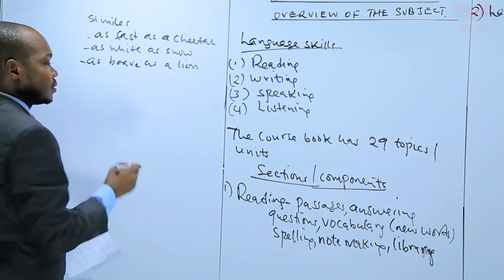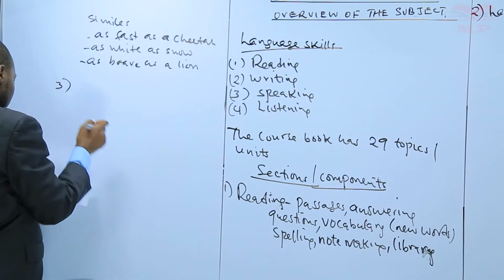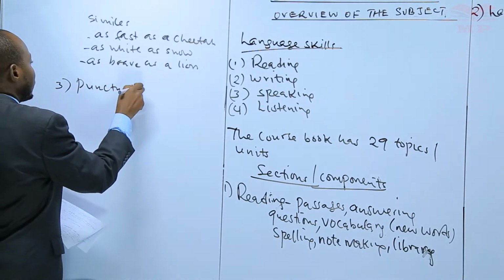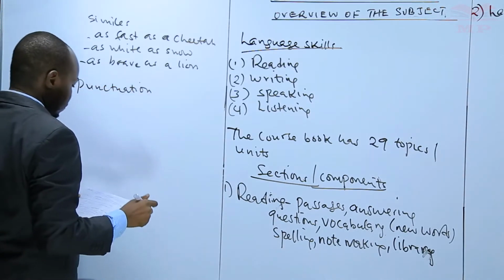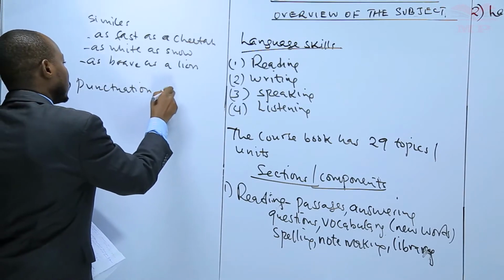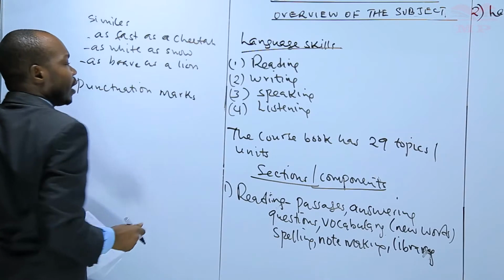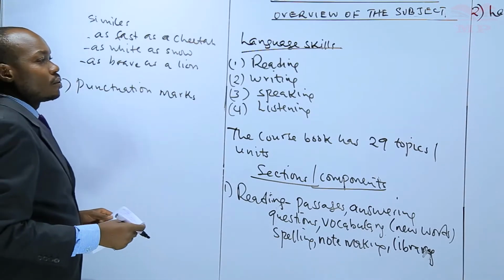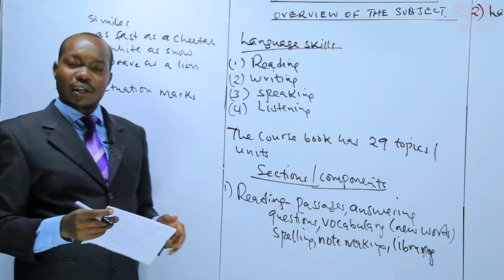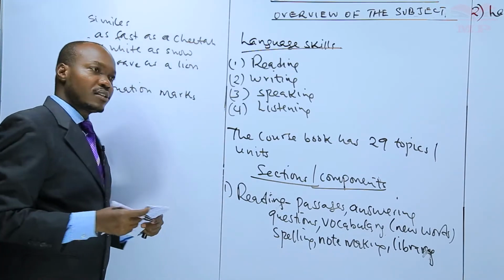Another section, section 3, is called punctuation. And there are what are called punctuation marks. At this stage, class 5, we shall just give you a few of them because we have so many punctuation marks. We shall look at the basics.